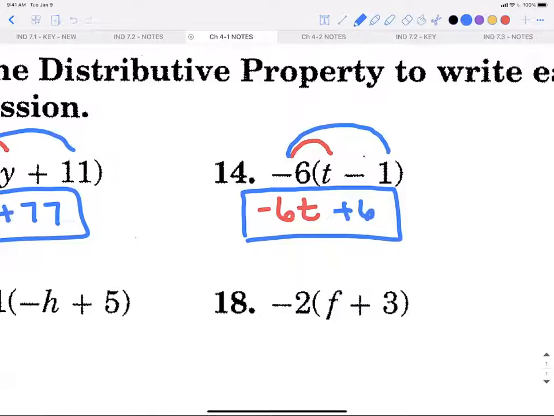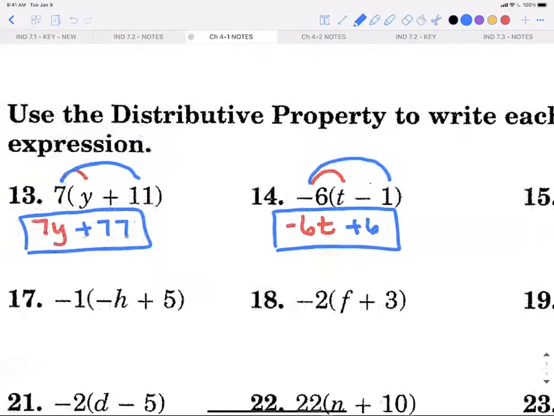The only way you could combine those together is if they both had a t on them. Does that make sense? It's like cats and dogs. They're all animals, this is all math. But if I said, how many cats do you have? It's one thing. How many dogs do you have is another, but you can't combine them. Make sense? Okay.